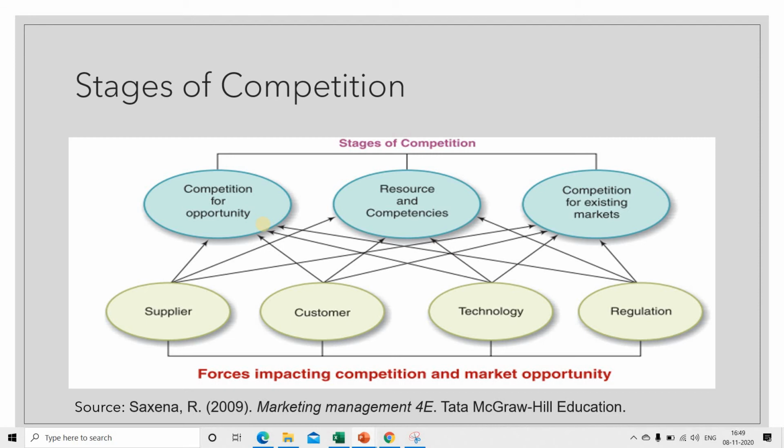Then you have the competition for existing markets. Now, this is the actual battleground. This is the actual place where the actual marketing warfare happens. So you see, in this, the competition for existing markets, you would find the various firms adopting various marketing warfare strategies.